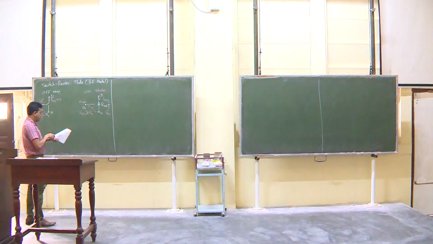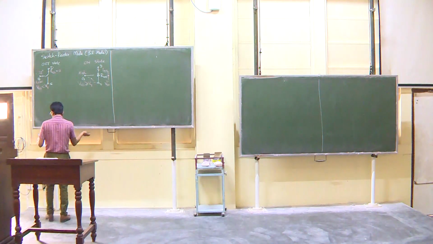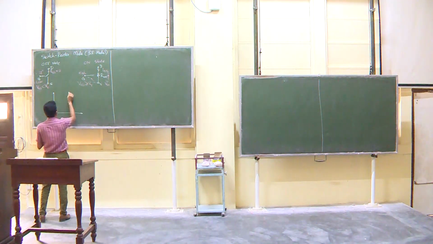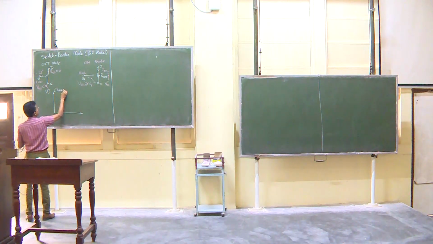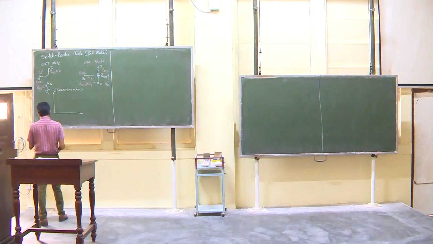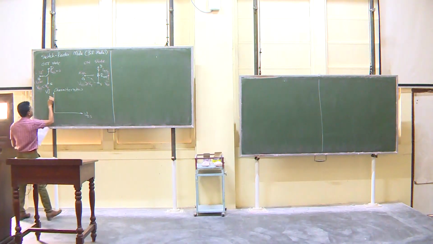So to represent this, we can have the VI characteristics. This is VDS, this is ID.